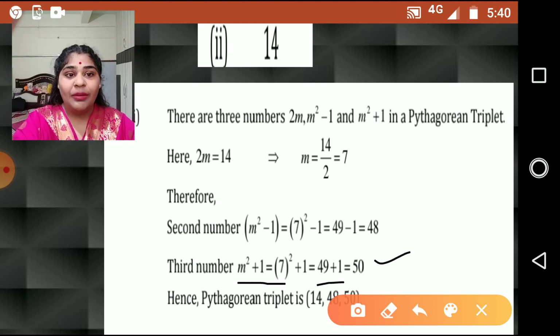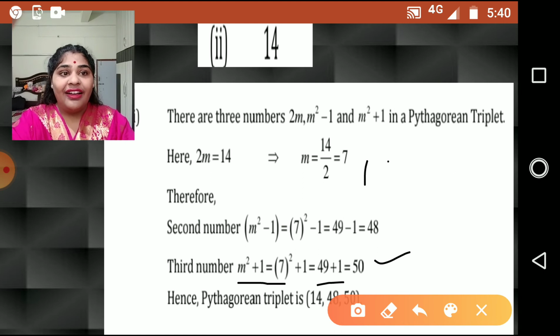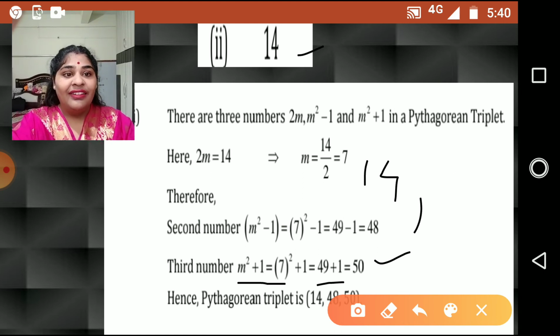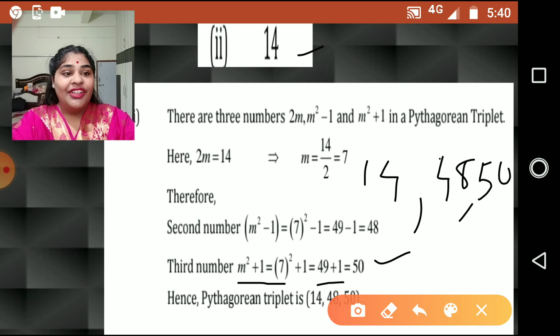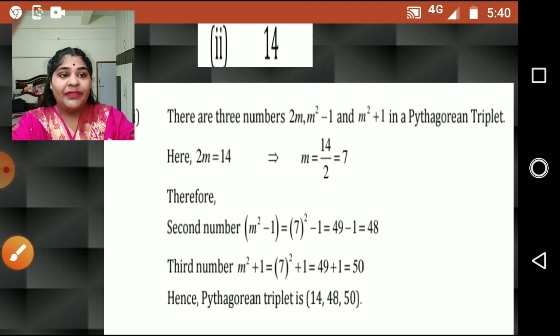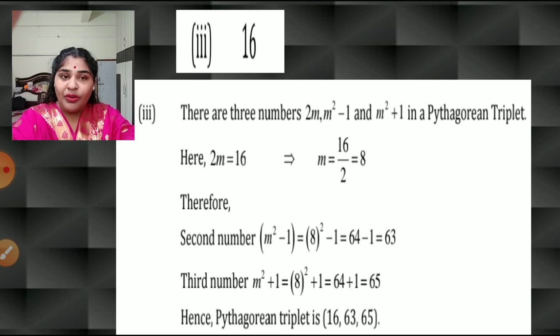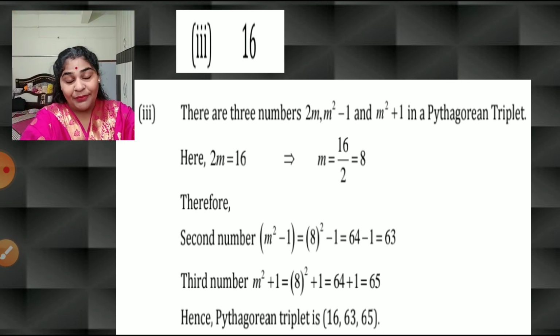Hence the Pythagorean triplet is 14, which was given to you already, comma 48 and 50. Right children? So this was the method of how to find the Pythagorean triplet. One more example we will see so that the concept will be clear.